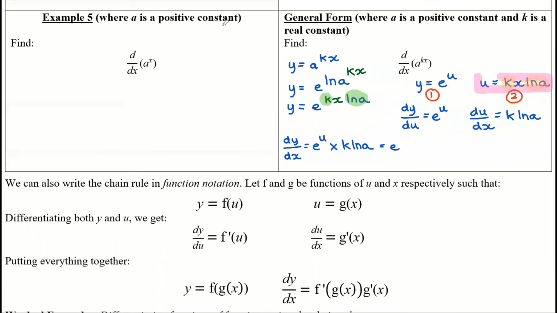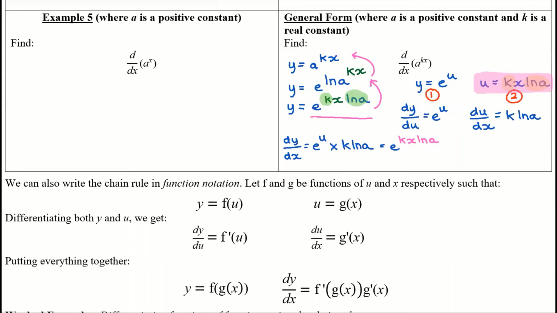It's up here, there's u, so I'm going to put that in. That's going to be kx log a. And all that, remember, is written here, which can be represented like that, which in turn can be represented like that. So they're all equivalent, aren't they? It's just y, essentially. So that's really good.